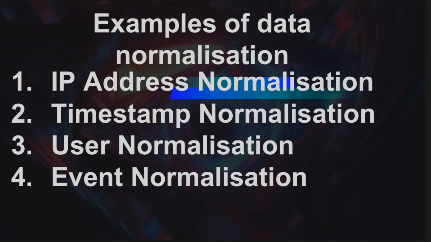So to identify the username will be very difficult. In that case it is good to normalize all the fields: we can call all three fields user, username or uname simply user. That way, when you define any rule where you say username equals abc, it will give you the correct value across all your three sources.